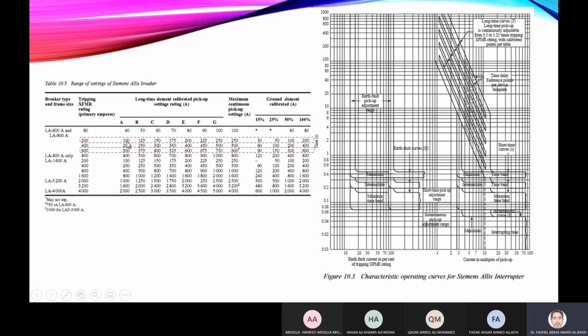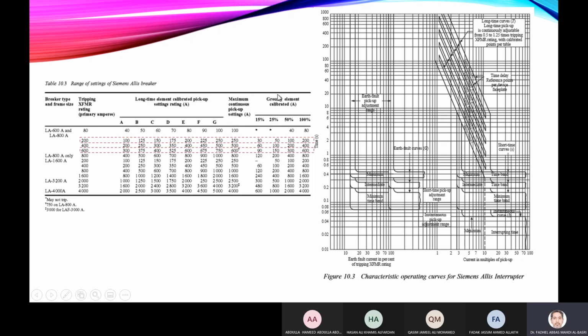You can set it at A, B, C, D, E as a pickup setting of 100 ampere, 125, 150, 170 up to 250 ampere for the 200 ampere breaker. The 600 breaker, you can set it also at 300 up to 600 ampere.